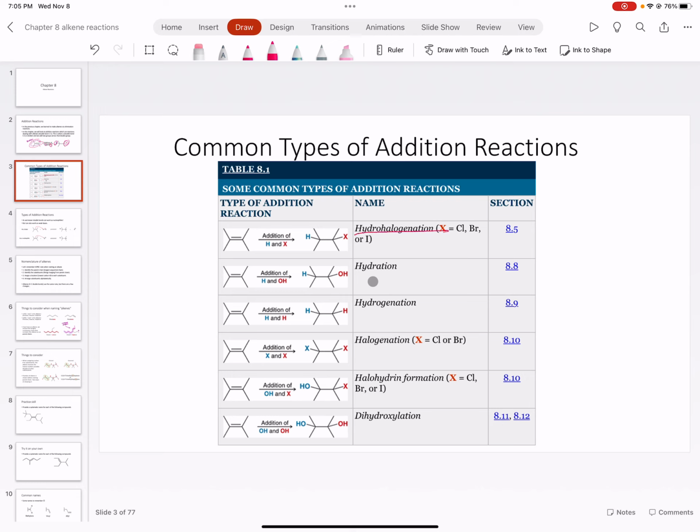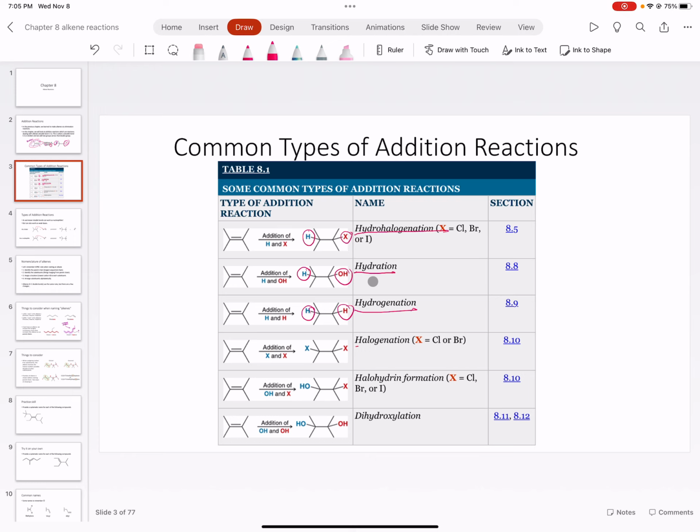We're going to see a reaction called hydrohalogenation, in which we add a hydrogen, of course, and then a halogen, which we know is chlorine or bromine or iodine. Or we're going to do reactions called hydration, in which we add a hydrogen and an OH. Or a reaction called hydrogenation, in which we just add one hydrogen on one side and one hydrogen on the other.